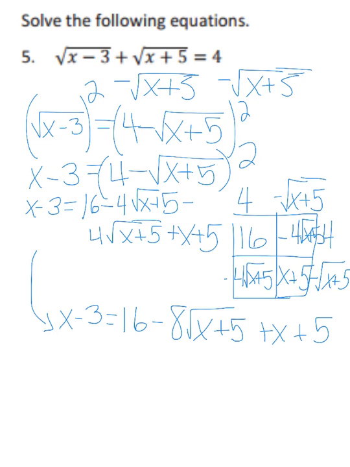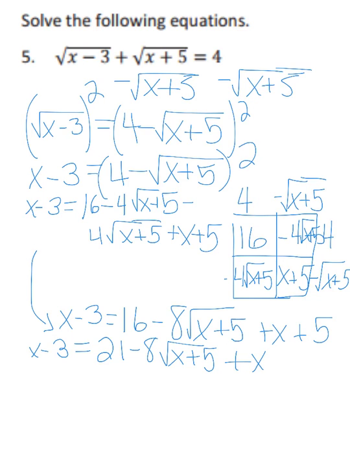Let's continue to clean this up. So I get x minus 3 is equal to, and 16 plus 5 will be 21 minus 8 radical x plus 5 plus the x that just comes along.